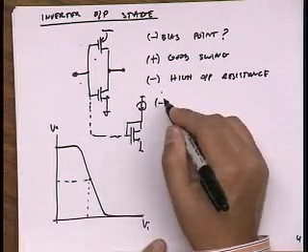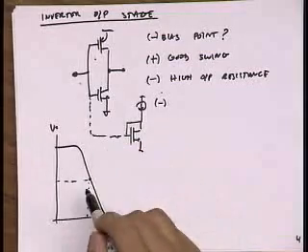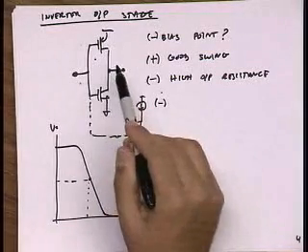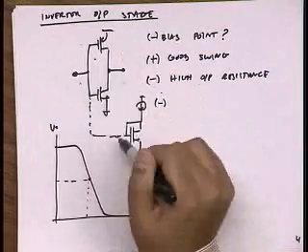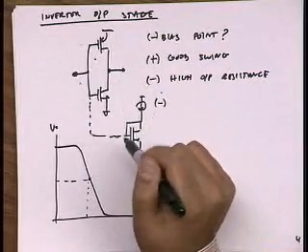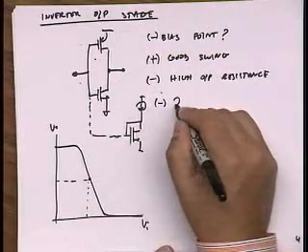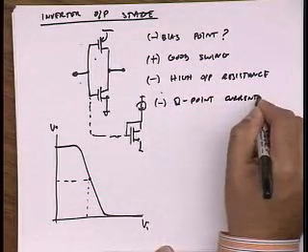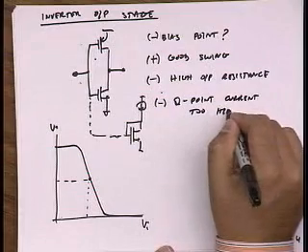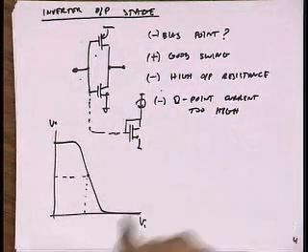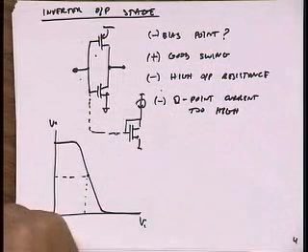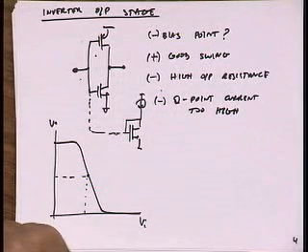If we bias this thing right at the middle here, and these are pretty large devices, there's going to be a lot of current going through here, right? Because both transistors are on. So the quiescent point, Q point current could be too high. We'll talk about this a little bit more. Okay. Any other issues?